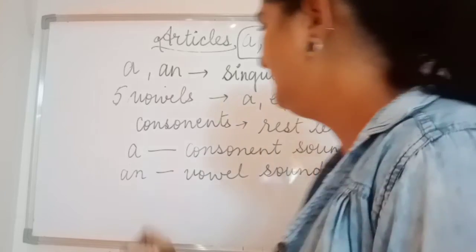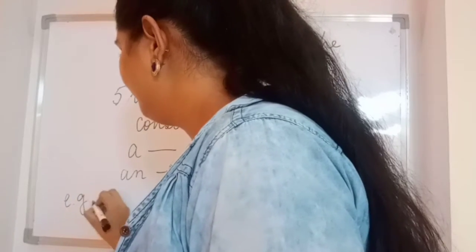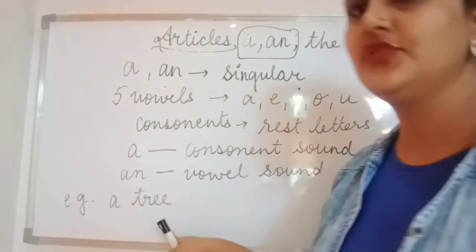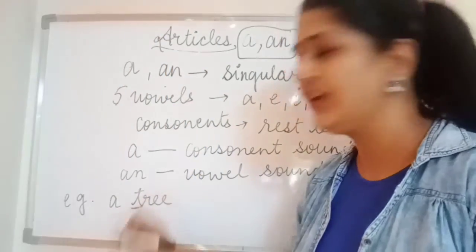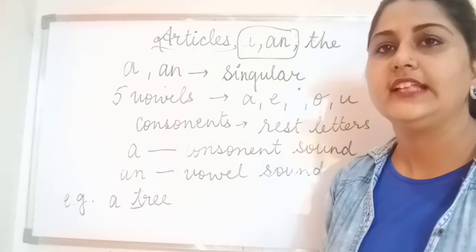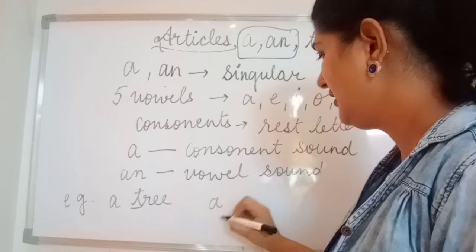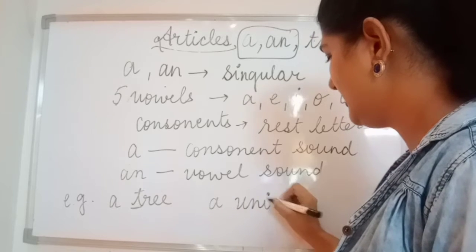For example, a tree. The sound here is t, and this is a consonant sound. A university.